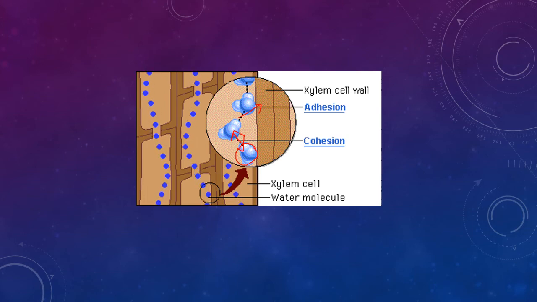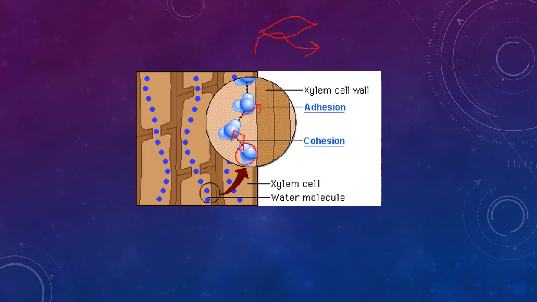And like I said, at the top where there's a leaf and the water is leaving through the stomata, it's called transpiration, and it pulls the rest of the water up in that direction. Because of adhesion and cohesion, it brings the whole water column up. So that's how the water transport happens against gravity.